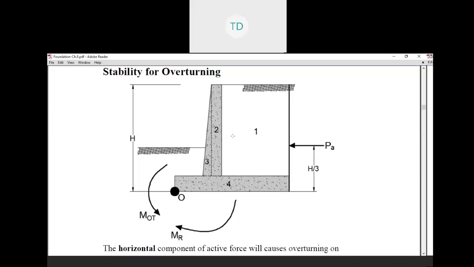The area center is here and the perpendicular is from here to here, so we consider the perpendicular distance like so, for the strip shown in the figure.